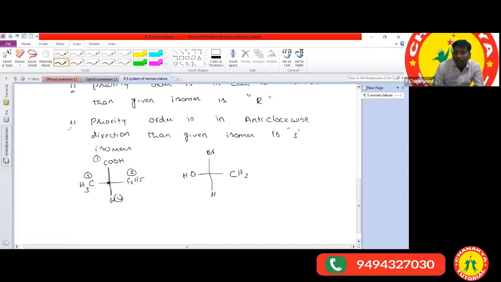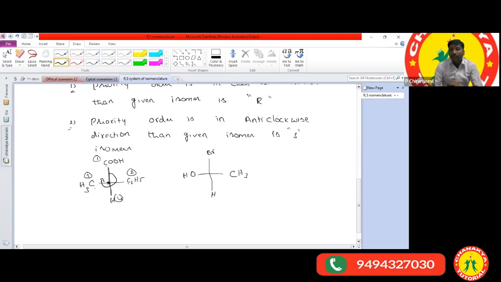If the least priority group is present on the vertical line, and if you add the priority order 1, 2, 3 like this, does it go in a clockwise or anti-clockwise direction? It goes in a clockwise direction.